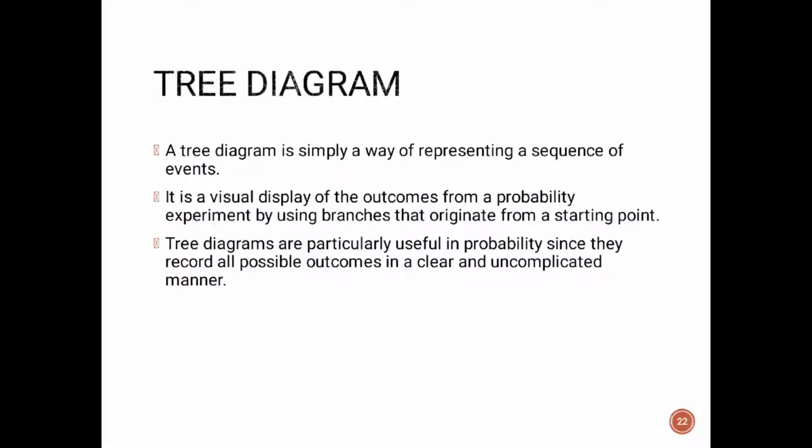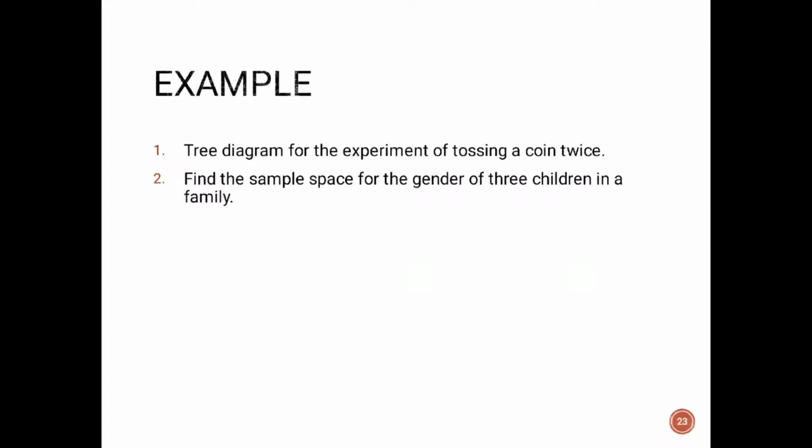Tree diagrams are particularly useful in probability since they record all possible outcomes in a clear and uncomplicated manner. Tree diagram for the experiment of tossing a coin twice. Find the sample space for the gender of 3 children in a family. I have demonstrated a tree diagram for the second question.